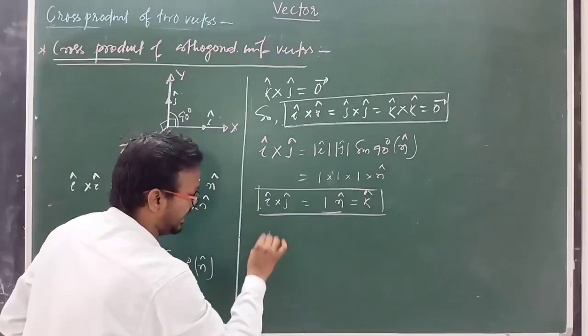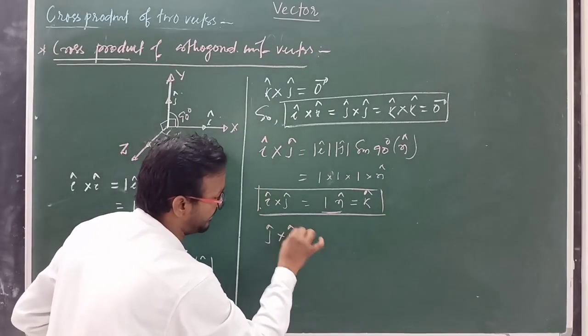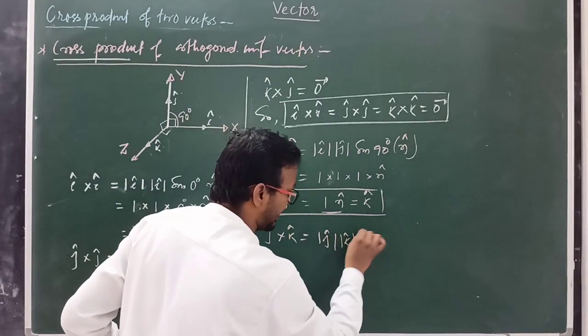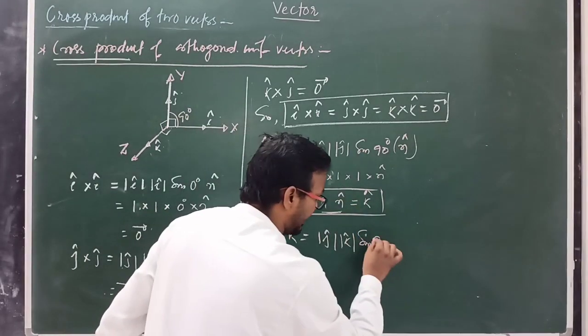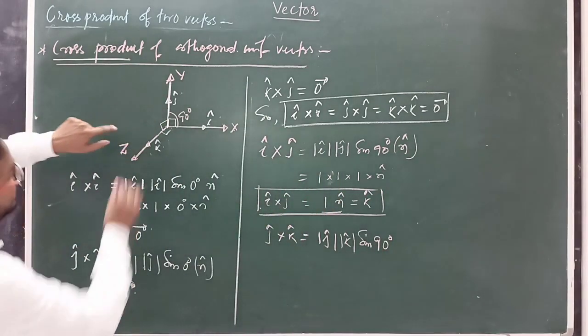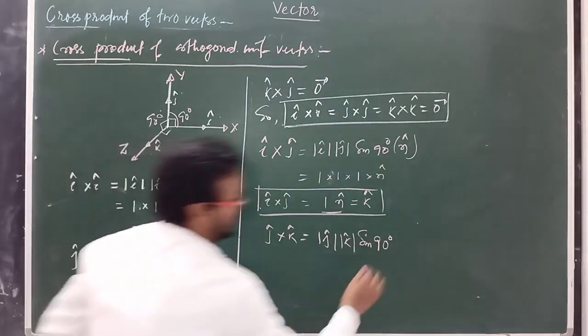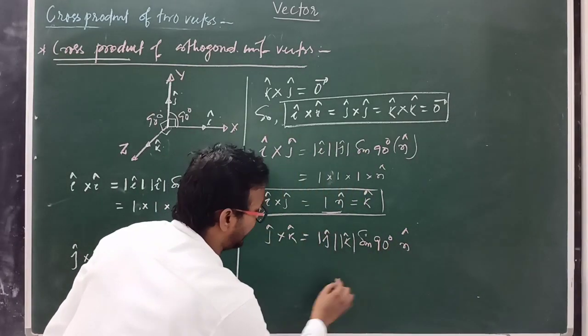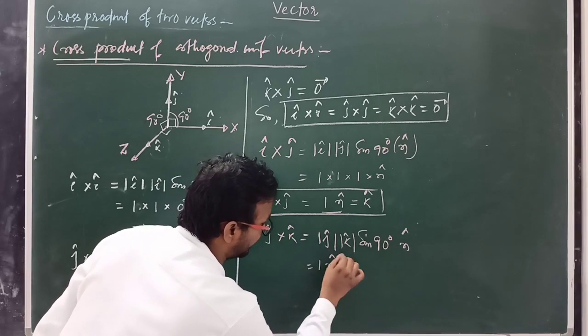Similarly, j cross k cap is magnitude of j, magnitude of k into sine of the angle between j cap and k cap. This angle between j cap and k cap is 90 here. So into n cap, j cap magnitude 1, 1, 1, sine 90 also 1, so 1 into n cap.